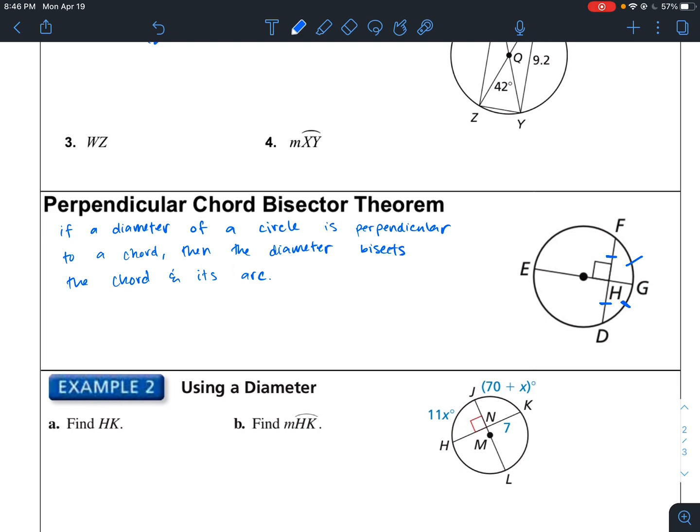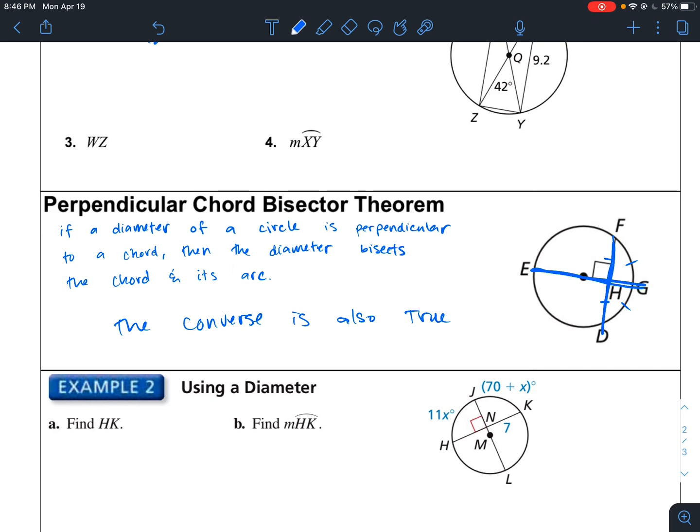And it says that the converse is also true. We should also note that. So the converse is also true. So meaning that right here, if these arc lengths are congruent, and these segments of the chord are congruent, well then that means that this diameter bisects this chord right there.